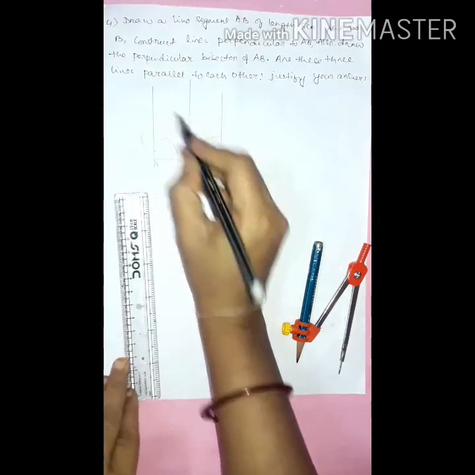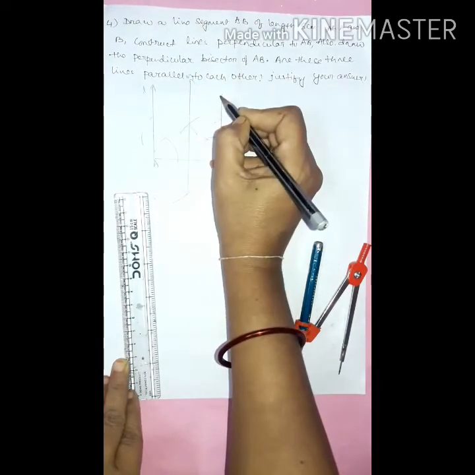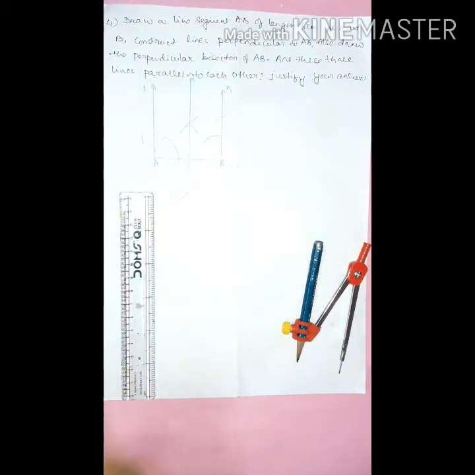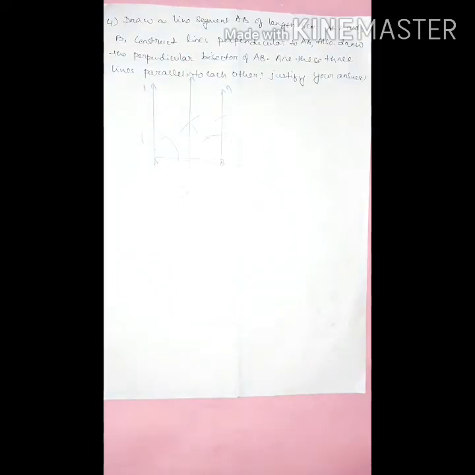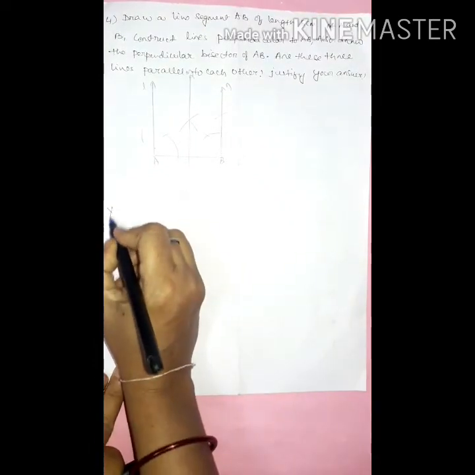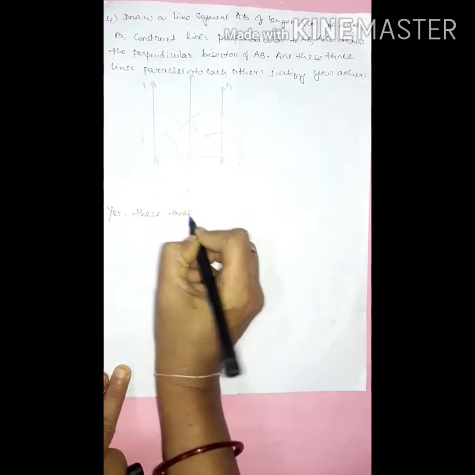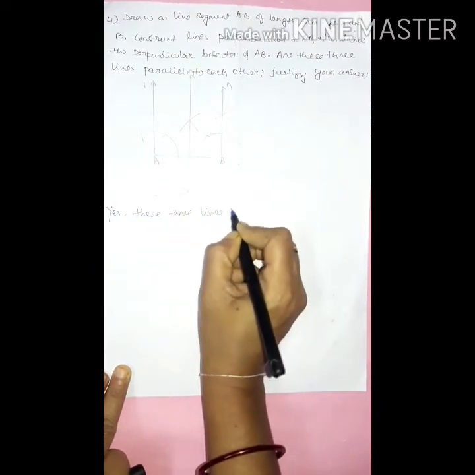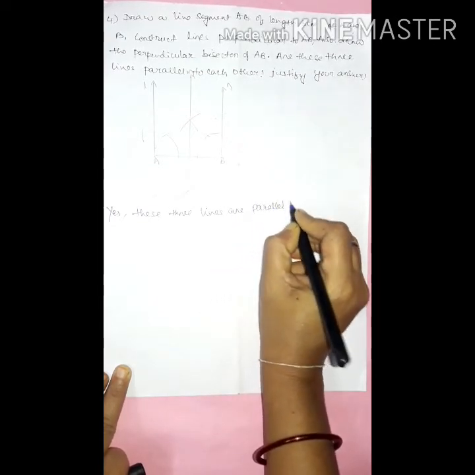So three lines are there. Let this be L, this be M, and this be N. What we need to prove is whether these three lines are parallel to each other. What we require to write down is that these three lines are parallel to each other.